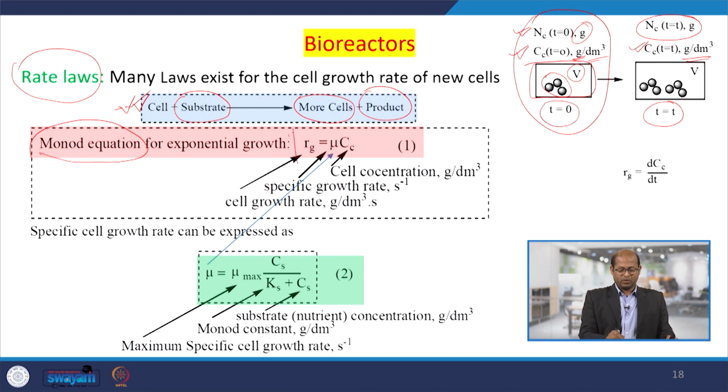So, let us say here the Monod equation you can see for the exponential growth of cells. That is expressed in terms of Rg equals mu into Cc.